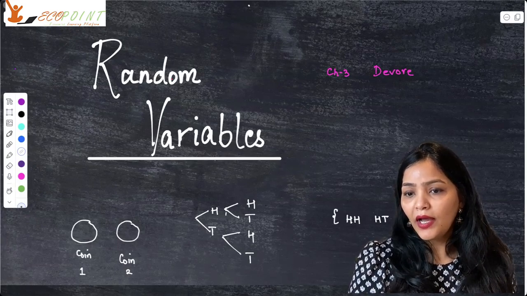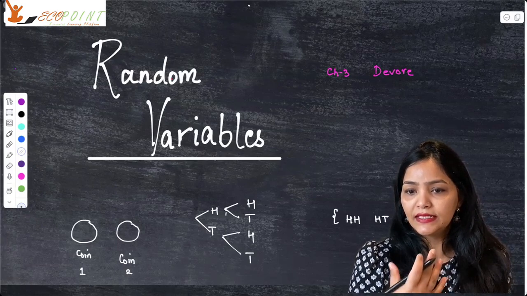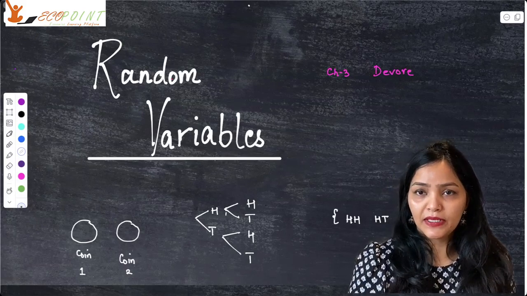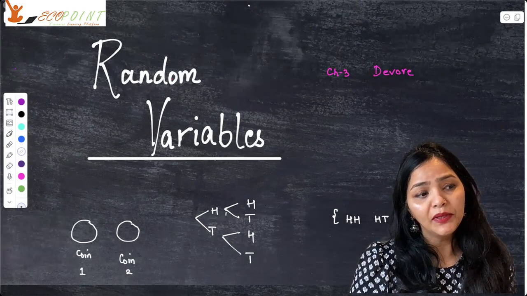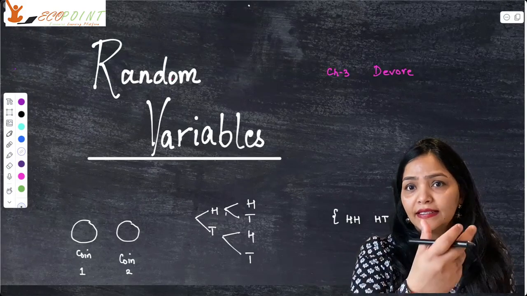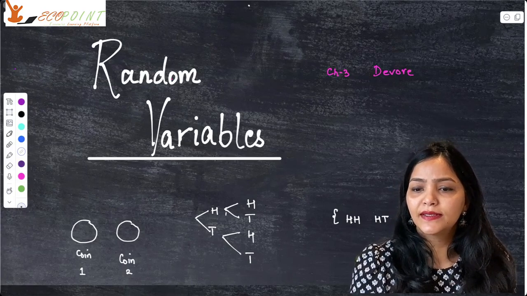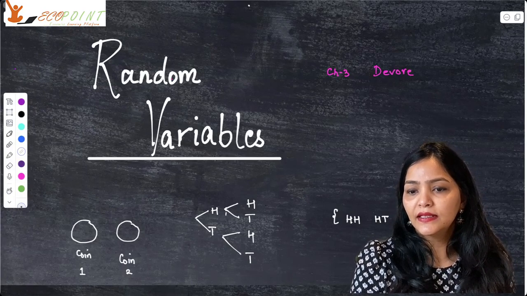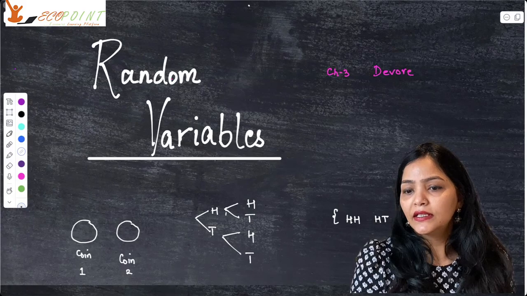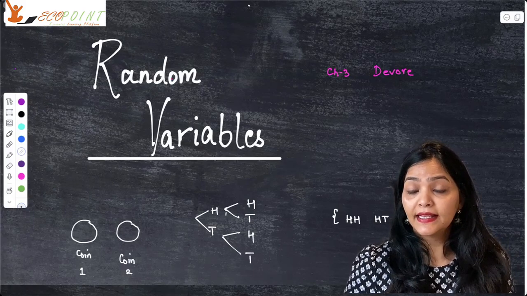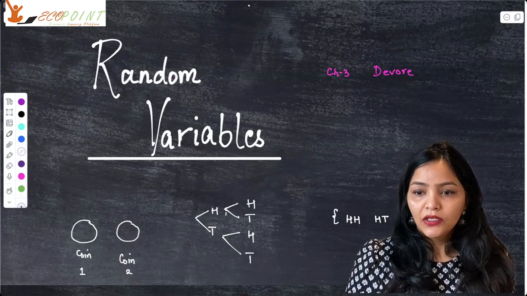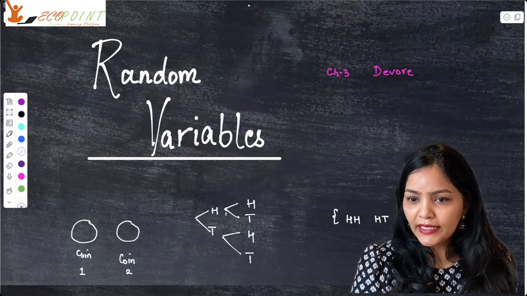Now, I might not be interested in this sample space per se, but I might be interested in one characteristic of this experiment, of this sample space. Say, for example, that characteristic is the number of heads. How many heads am I getting? Can you see how many heads you are getting?